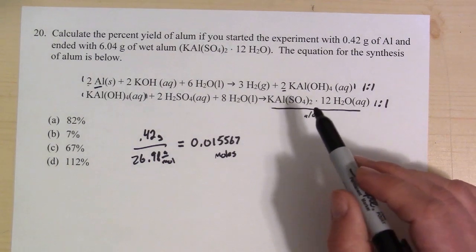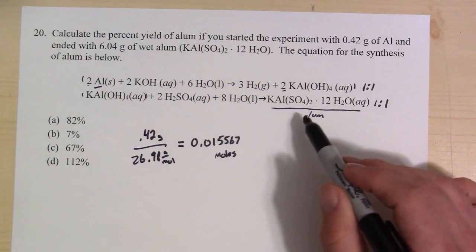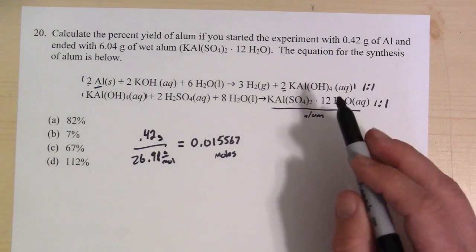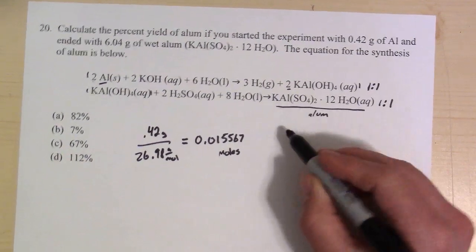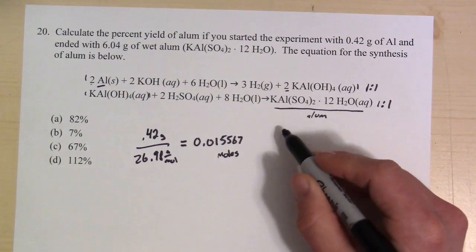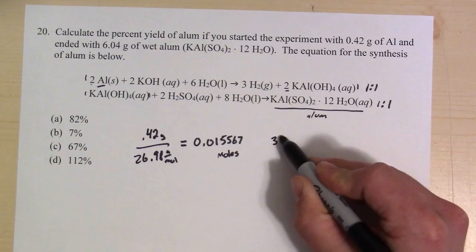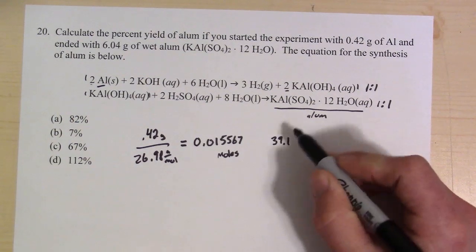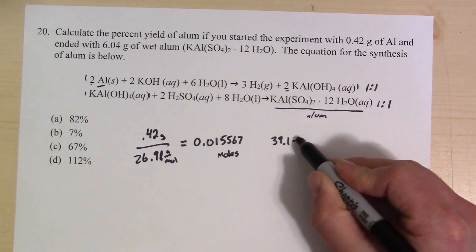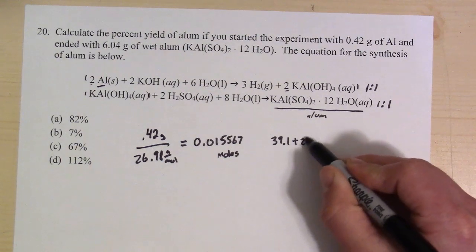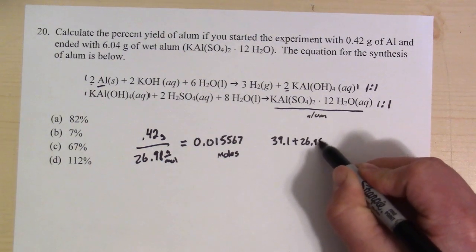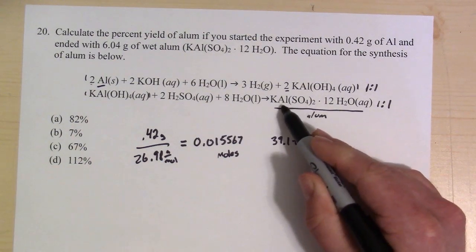So we need to calculate the molecular mass of alum. So if we have potassium, and I'm just getting each of these values from the provided periodic table, 39.1 for potassium plus 26.98 for aluminum.